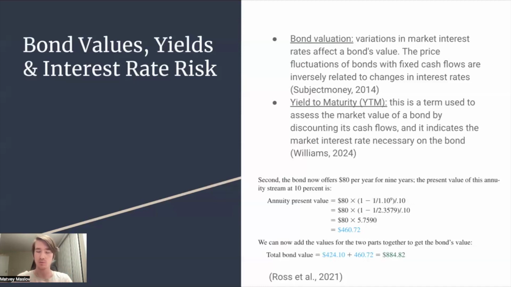And this way we will be able to see $884.82. Currently, if you were initially receiving 1,000, this would now be seen as a bond at a premium. Because, for example, in this case, it could be that the coupon rate went down or the interest rate went down, and therefore you're now receiving more.